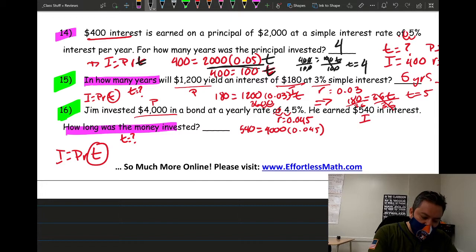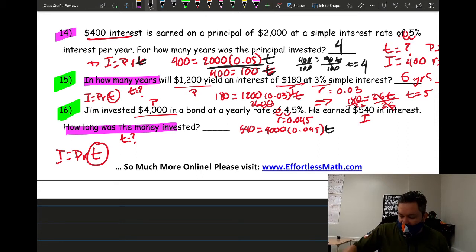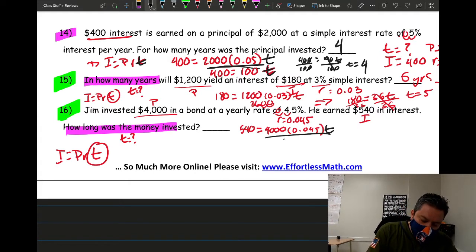And for T, that's what I'm looking for. Before I can do anything, I got to multiply 4,000 times 0.045. That's going to give me 180. So whenever I multiply those two, I have 180. And this T just comes along. And on the other side, you still have $540.